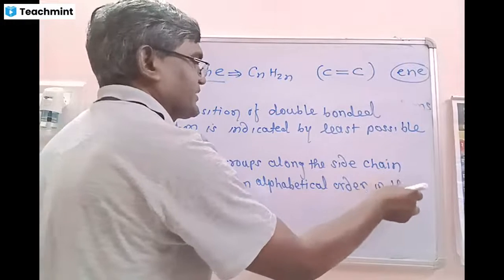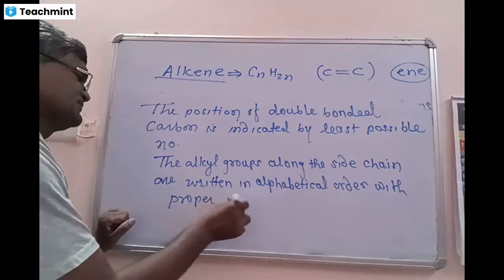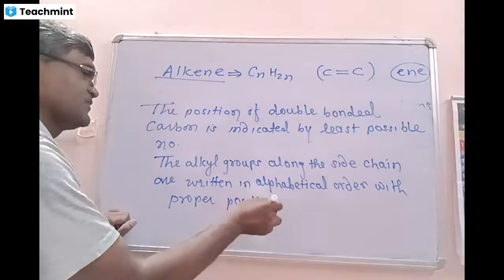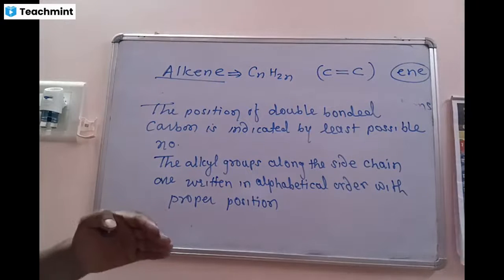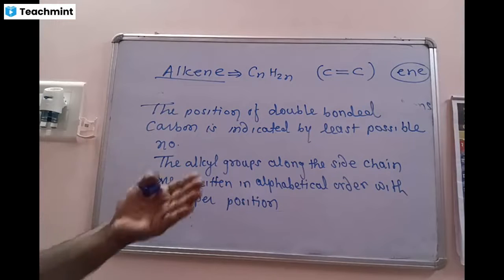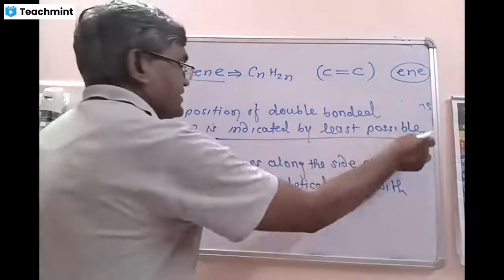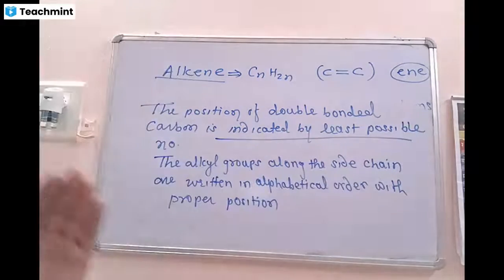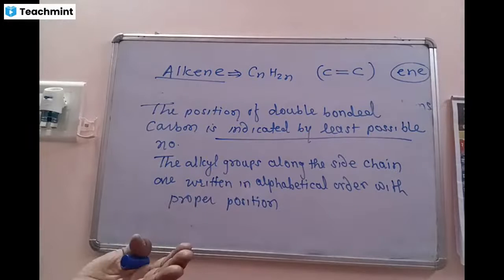Now we are shortening this with proper positions. Every time it will not be a list, so you have to use the words proper positions. The positions are indicated by the proper positions. Where does this number come from? Because you have done the numbering. Once you have the numbering for that double bond, you can't change that numbering. Then prefixes like di, tri, tetra are also used before the names of alkyl groups. That is a common rule.